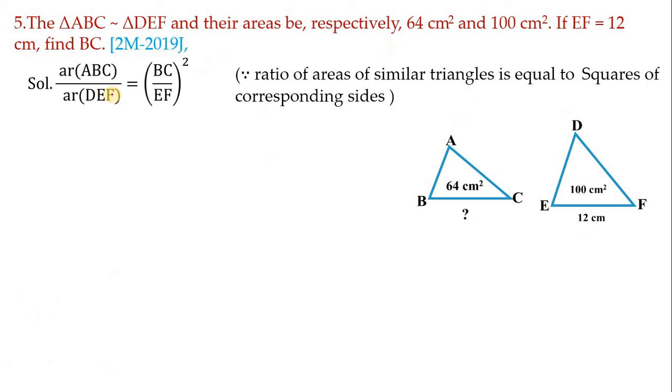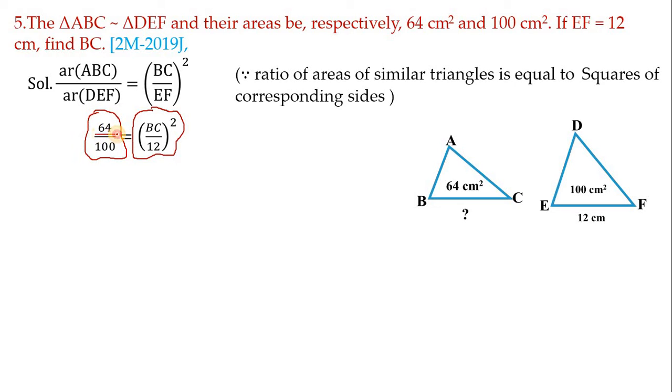Next let us substitute the values. So ABC value is given 64 and DEF value is given 100, and BC we wanted to find, EF value is 12. Substitute that. So we get this. See, right hand side is in the form of square. Left hand side, can you write it in the form of square?